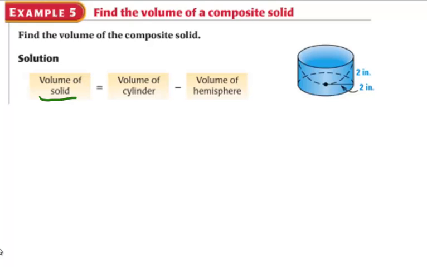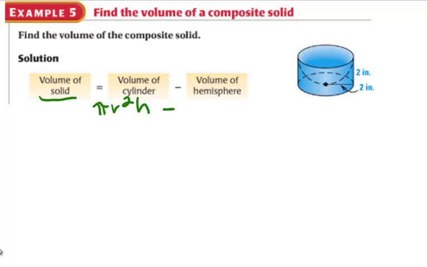So this is scooping out. It's like taking a scoop out of this cylinder. That's what we're doing. So we're taking out the volume of a hemisphere. So let's look at these volumes. Remember that the volume of a cylinder is pi r squared h. That's the volume, base times the height, and the base is a circle.